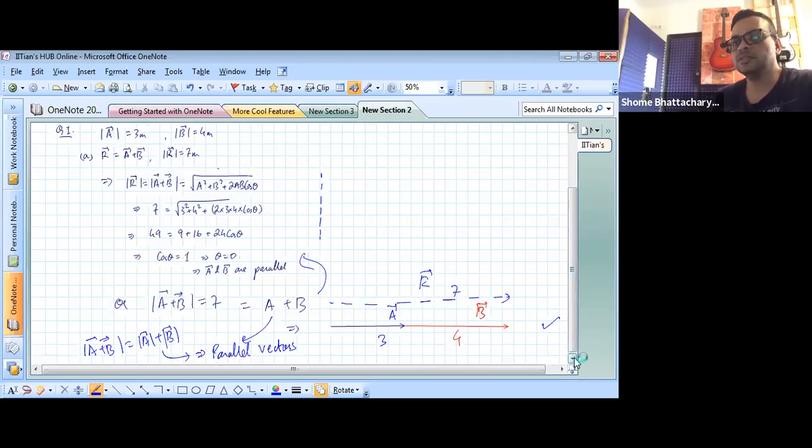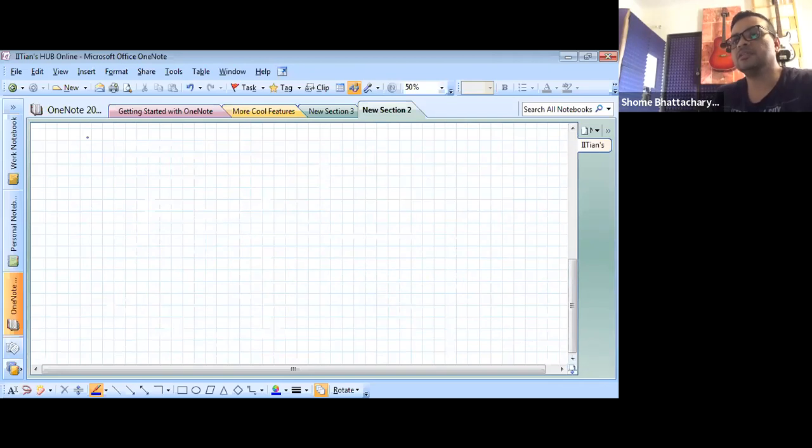Similarly, for the second part, the resultant magnitude is given to us as 1. That can only happen in this case, where suppose A is a vector like this of 3, then the resultant of 3 and 4 can be 1 only if B is a vector like this of magnitude 4. That's the only way it can happen, so that the resultant becomes 1 meter. So that means they are anti-parallel. You can see this angle is 180 degrees.